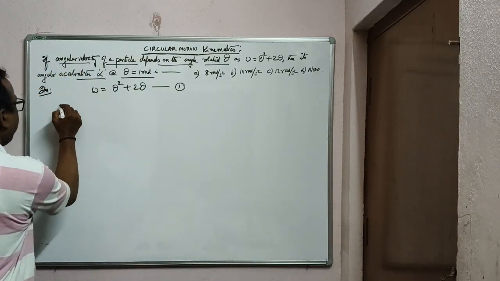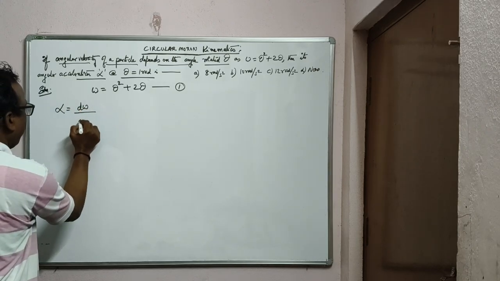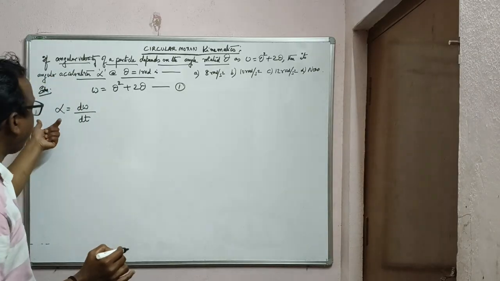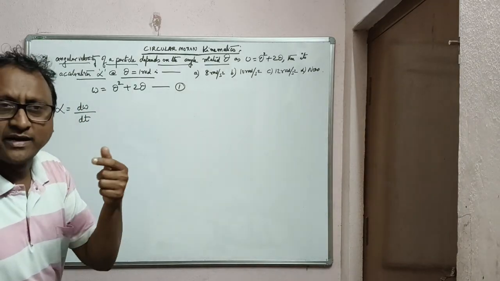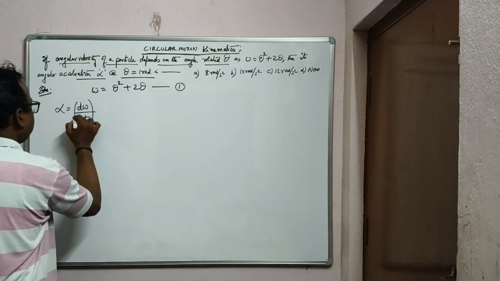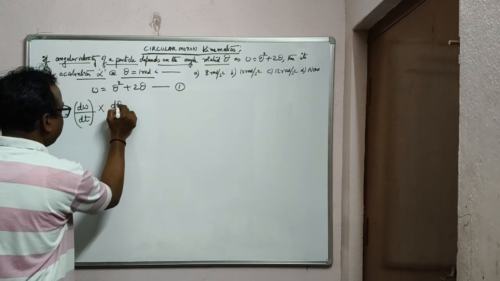So how to get alpha now? Alpha అంటే definition ఏంటి? You can define by d omega by dt. Rate of angular velocity is equal to angular acceleration and rate of angular displacement is equal to angular velocity. So for this equation, to get the actual answer, I will multiply and divide with d theta.